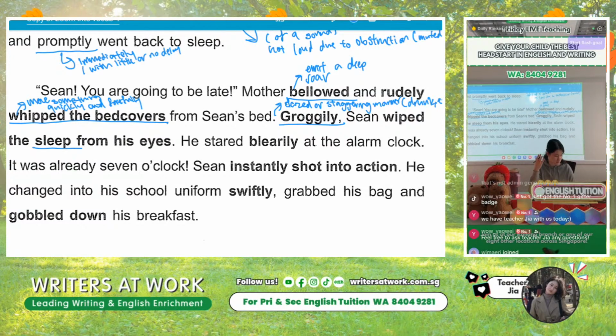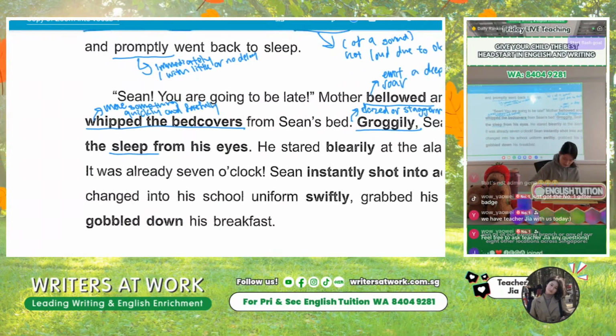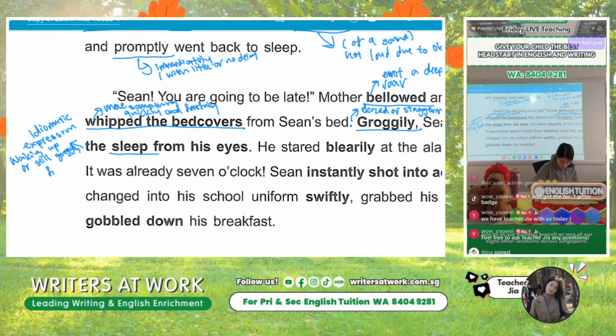Figuratively, it means that he's also just waking up. So it's an idiomatic expression where someone is waking up or still groggy from sleep. Okay, so that could be what it means.